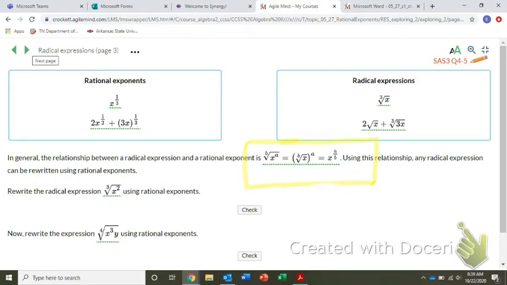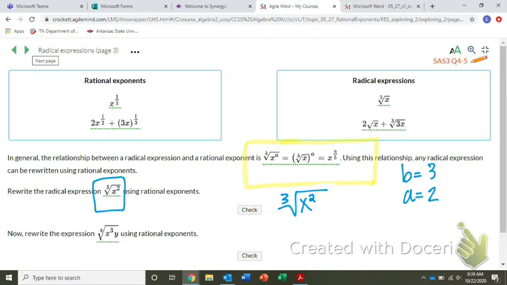All right, so on number 5, it says rewrite the following radical expression using rational exponents. Well, we're looking at this one right here. So we have 3x squared. So the first thing I personally like to do is I like to write my b, which is a 3, and I like to write that my a is a 2.